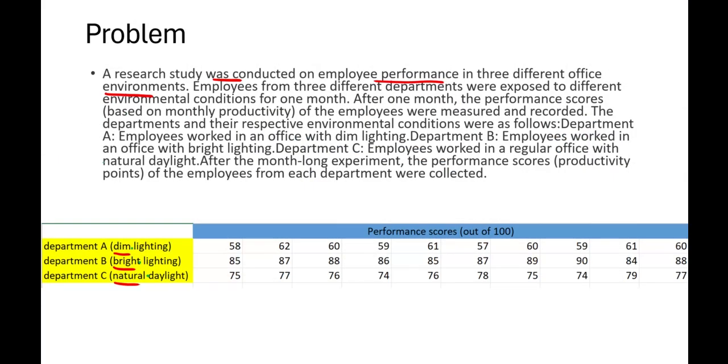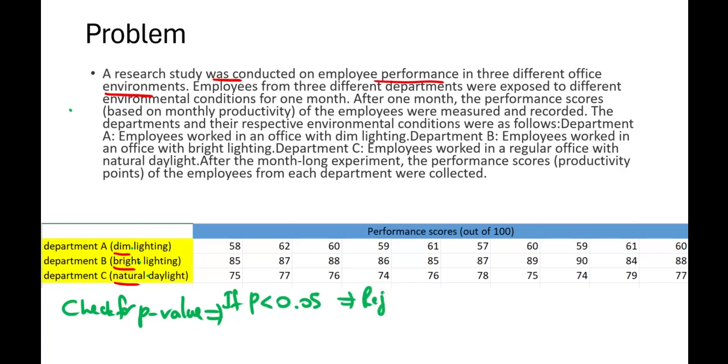You check the p-value. If p is less than 0.05, we reject the null hypothesis. If p is greater than 0.05, we accept the null hypothesis.